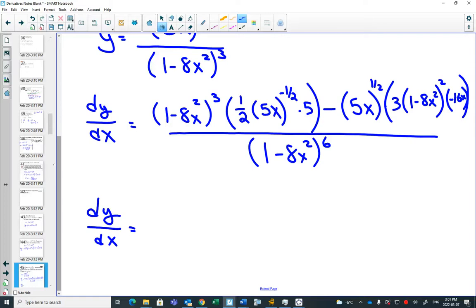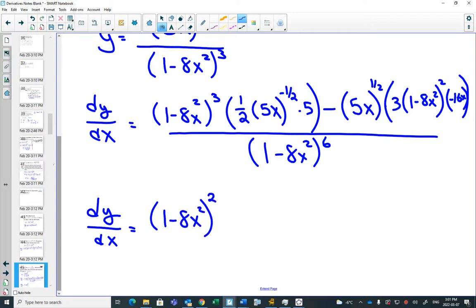This is term 1, then there's a minus sign, this is term 2. In those 2 terms, do you have a common factor? Yes. You have a 1 minus 8x squared in both of them. In fact, you have a 1 minus 8x squared twice.